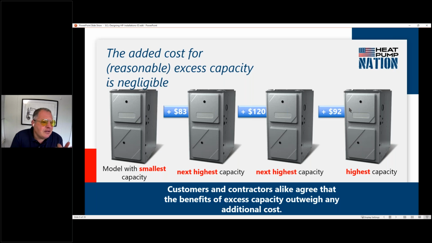These are the differences that the contractor buys this for, by the way. Probably the homeowner's cost would be different because it might include installation requirements that might differ from size to size. But from the cost of goods, that's really a very little additional cost for the homeowner to have excess capacity in their heat pump.